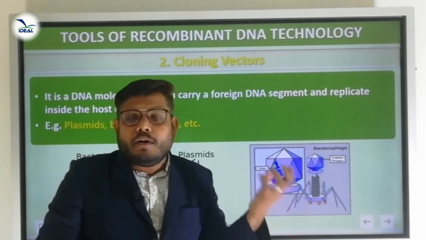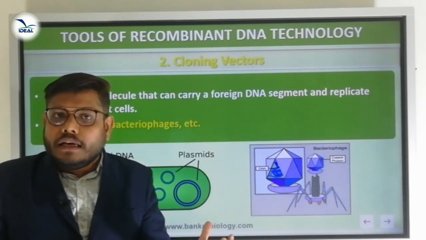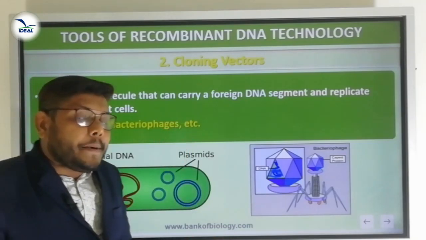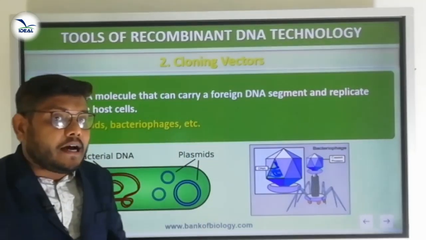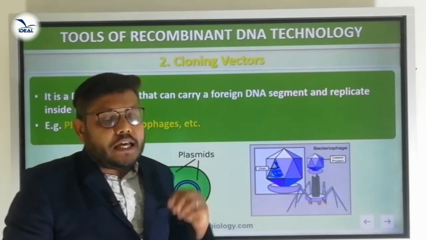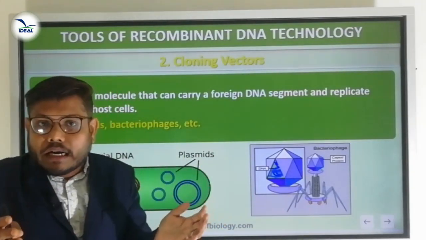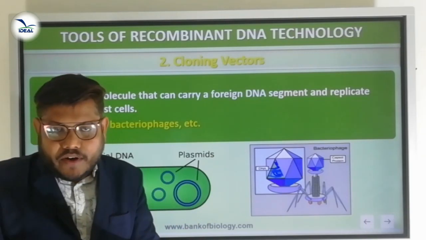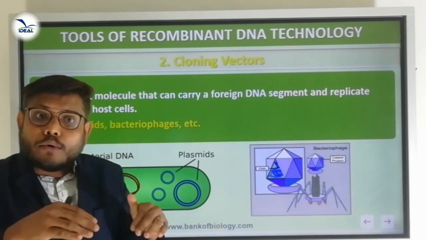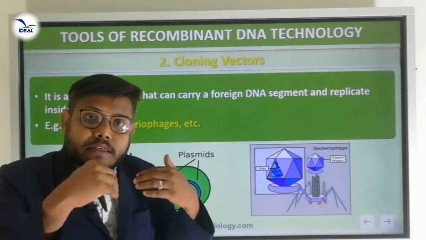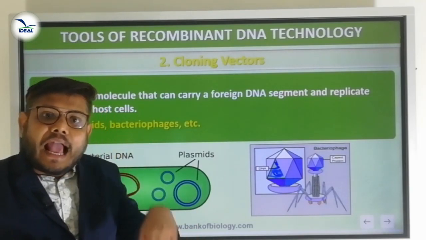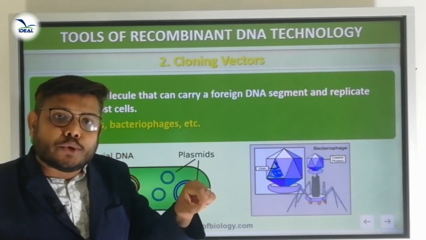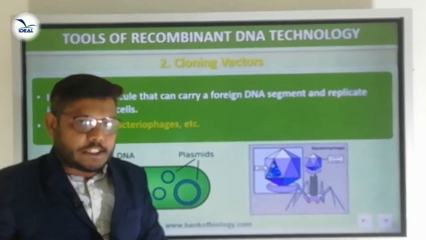Some examples of artificial cloning vectors are pBR322 and pUC18. These two are artificial cloning vectors. So how is an artificial cloning vector developed? By inserting antibiotic resistant genes into the col-E1 plasmid.